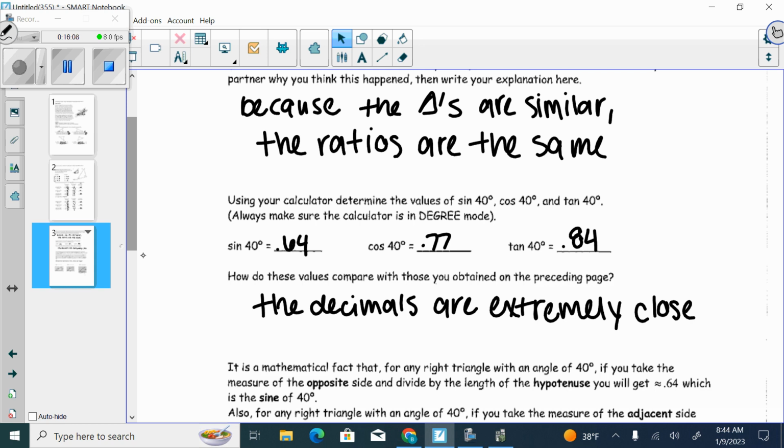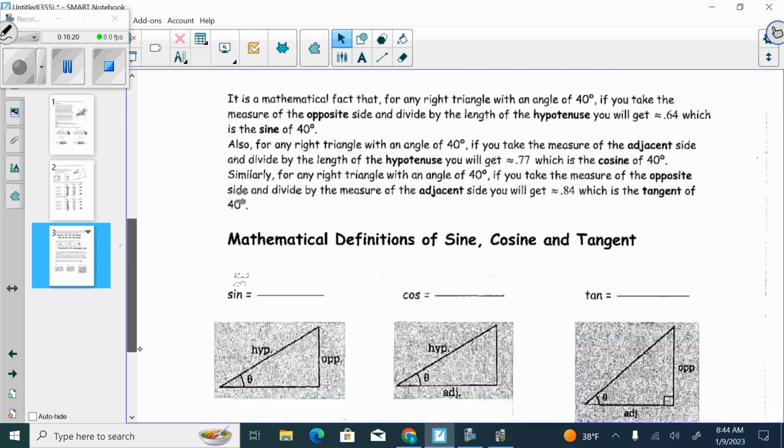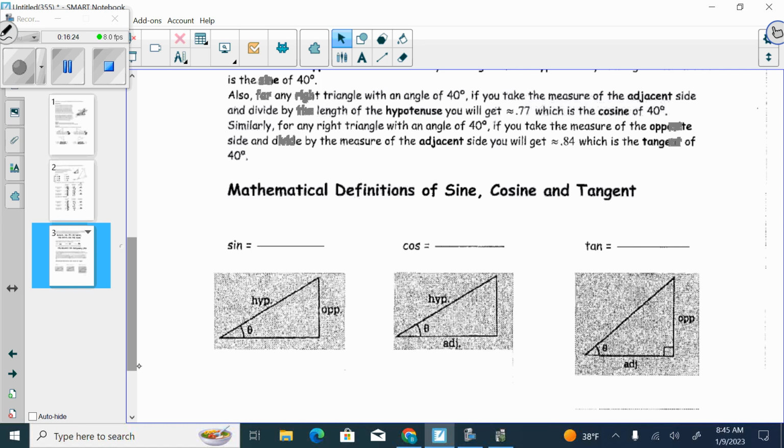Okay, so these little terms right here, sin, cos, and tan, are just abbreviations for the words sine, cosine, and tangent.